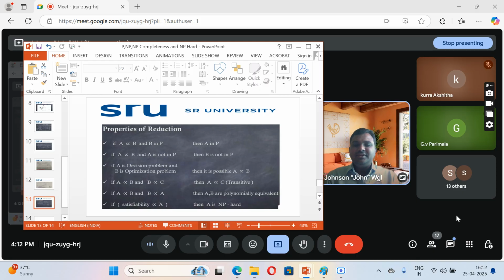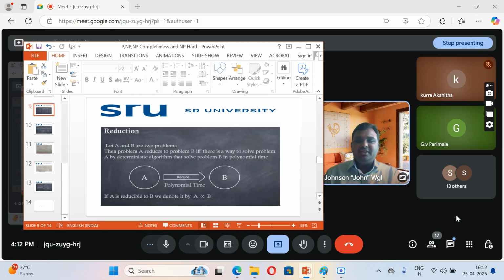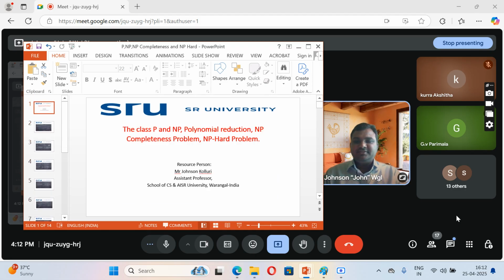Then the last one is satisfiability: if the satisfiability of A reduces to it, then A is NP-hard. Okay, this is about the P class, NP class, polynomial reduction, NP-completeness problems and NP-hard problems.